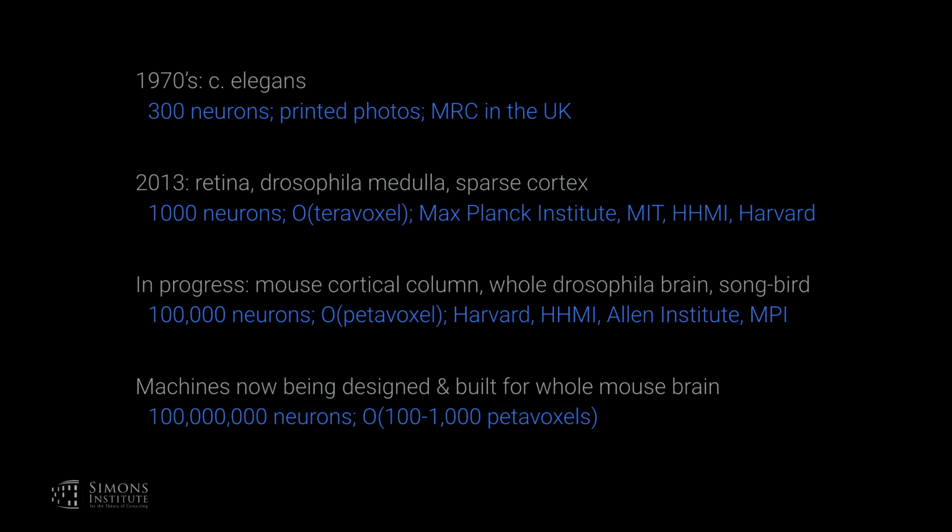Janelia is working on the whole Drosophila brain. Winfried has many projects in songbird. There's other work going on. And maybe the next generation of machines and very large-scale projects will try to do something like a whole mouse brain, although that really is quite a significant stretch for the technologies that we currently can imagine. But that's also what makes it interesting.